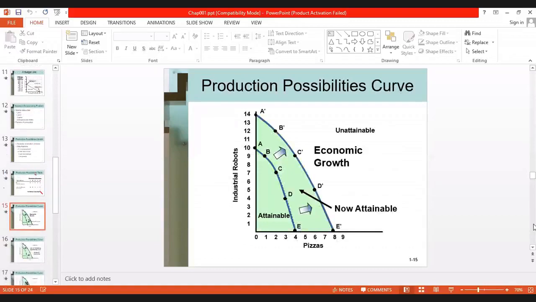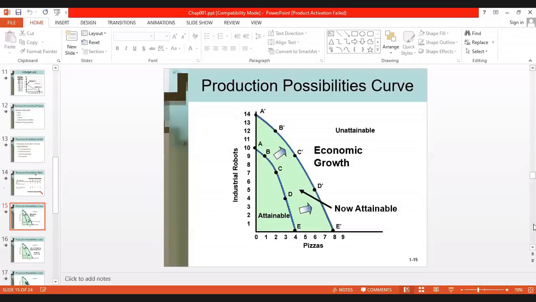So the first curve, the production possibility curve, shows what we can produce from the resources in the country or economy when they are fully utilized. We can produce the combinations along the curve: A, B, C, D, E. Inside the production possibility curve, we can produce.